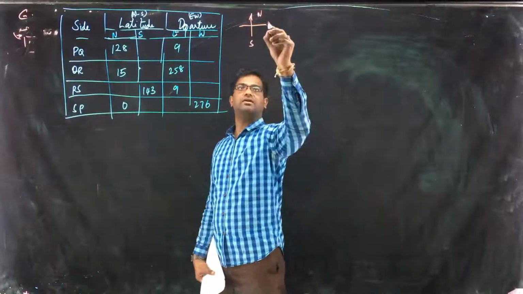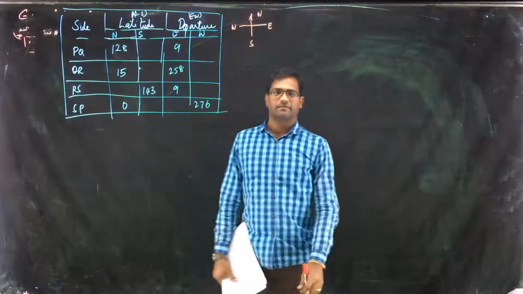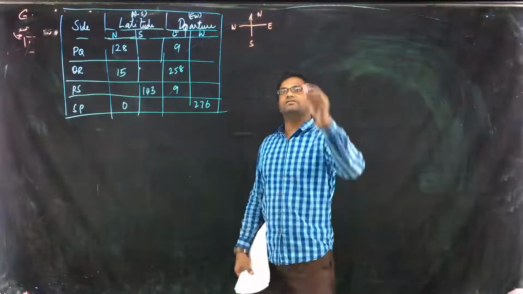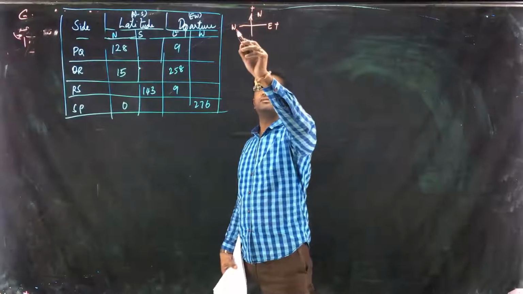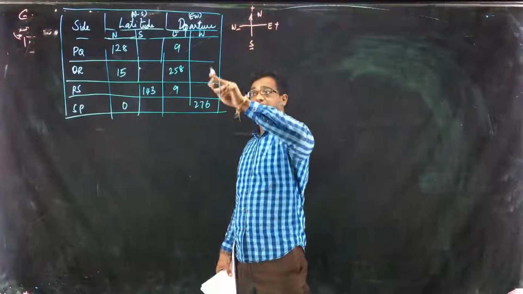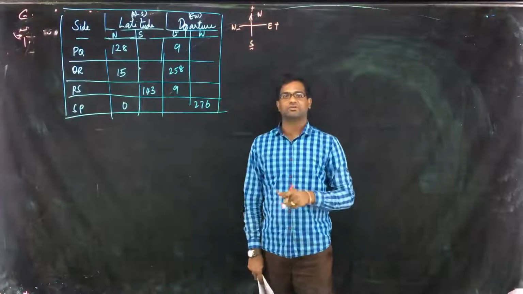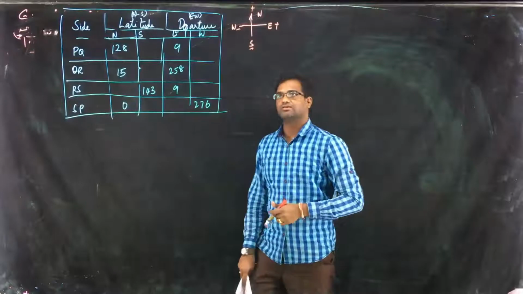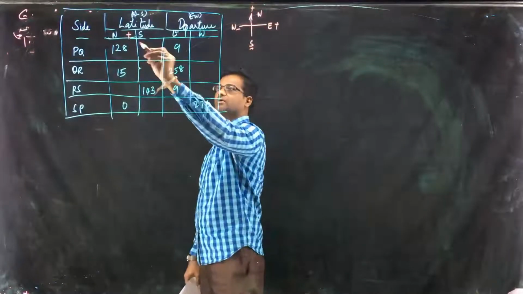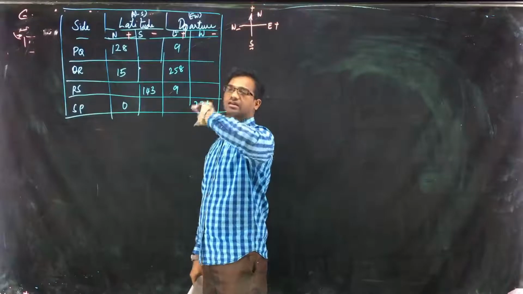So this could be east and this could be west. Fine. Now if this is positive and this is positive, this is negative and this is negative, so we follow the same sign convention for latitudes and departures. North is positive, south is negative, east is again positive, west is again negative.